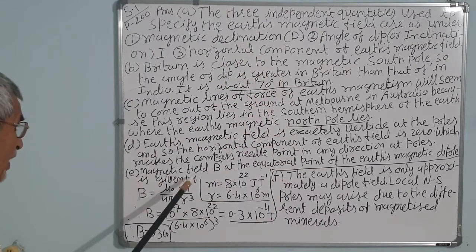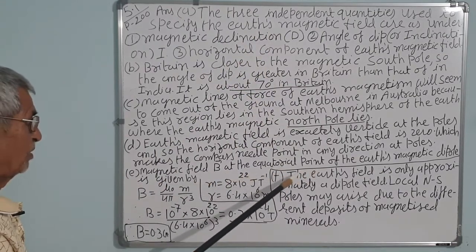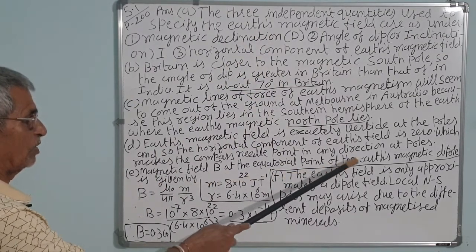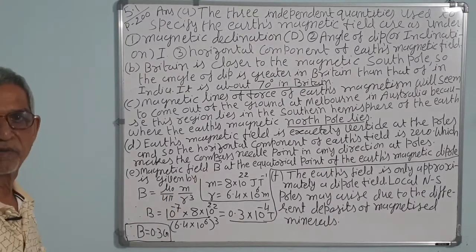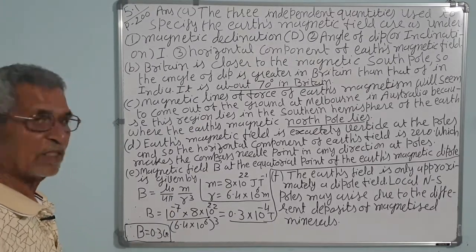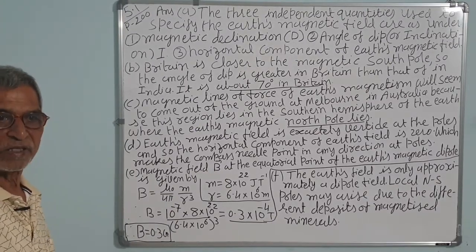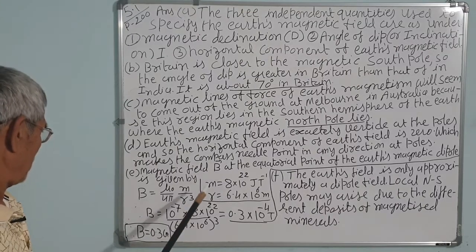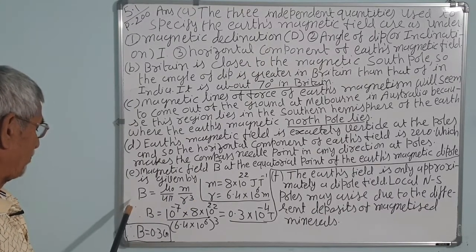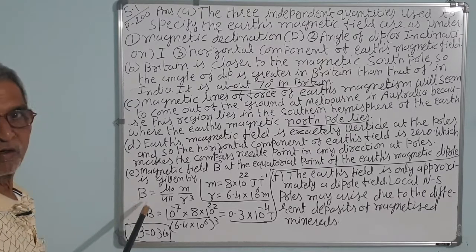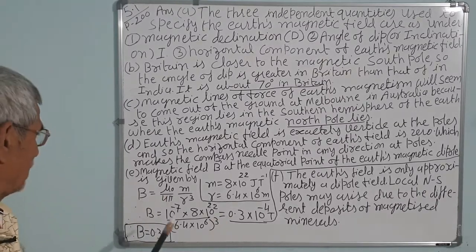The magnetic field B at the equatorial point of the earth's magnetic dipole is given by the equation we have already studied: B equals mu 0 upon 4 pi into m upon r cube. R is the radius of the earth, m is the magnetic dipole moment of the earth's field. B is the magnetic field strength, of the order of 10 raised to minus 5 Tesla. Let us check it.